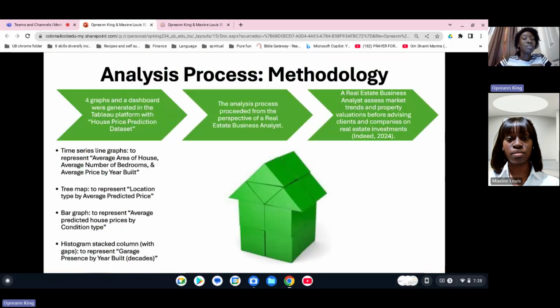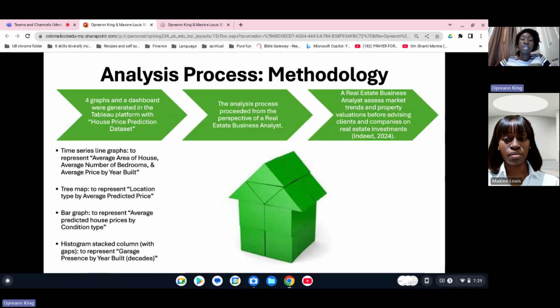For our analysis process or methodology, we generated 4 graphs and a dashboard using the Tableau platform and our house price prediction dataset. These graphs were the time series line graph, the tree map graph, the bar graph, and the histogram stack column graph.